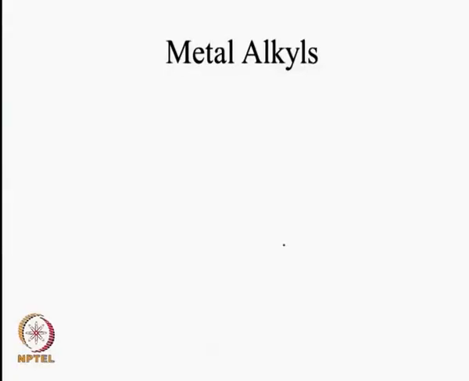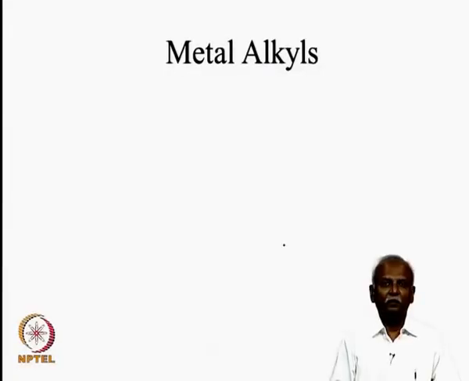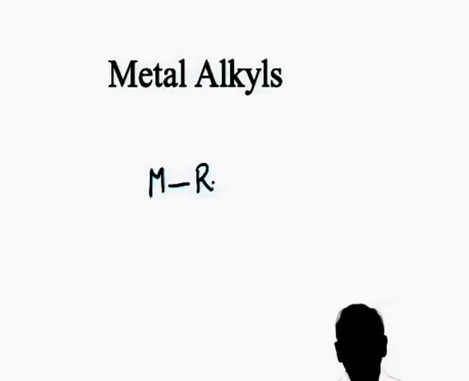So, we will group all of these moieties together as alkyls. If you have an M-R bond, what would be the chemistry of that bond and how does it behave? These are the things that we are going to talk about today.